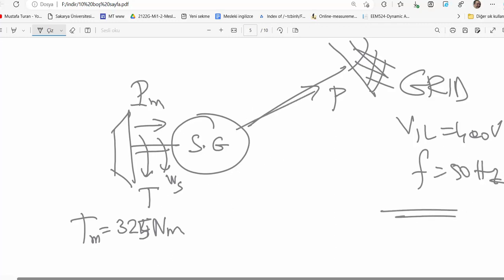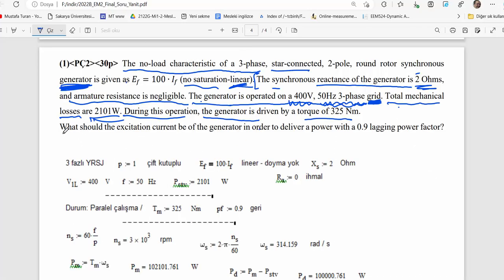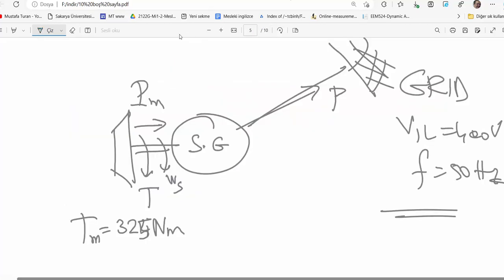Okay, let's continue. What should the excitation current of the generator be in order to deliver power with a 0.9 lagging power factor? Ladies and gentlemen, as you see, here's a power. Because you insert some mechanical input power, that power is converted into electric power. To make this, you need a magnetic field.